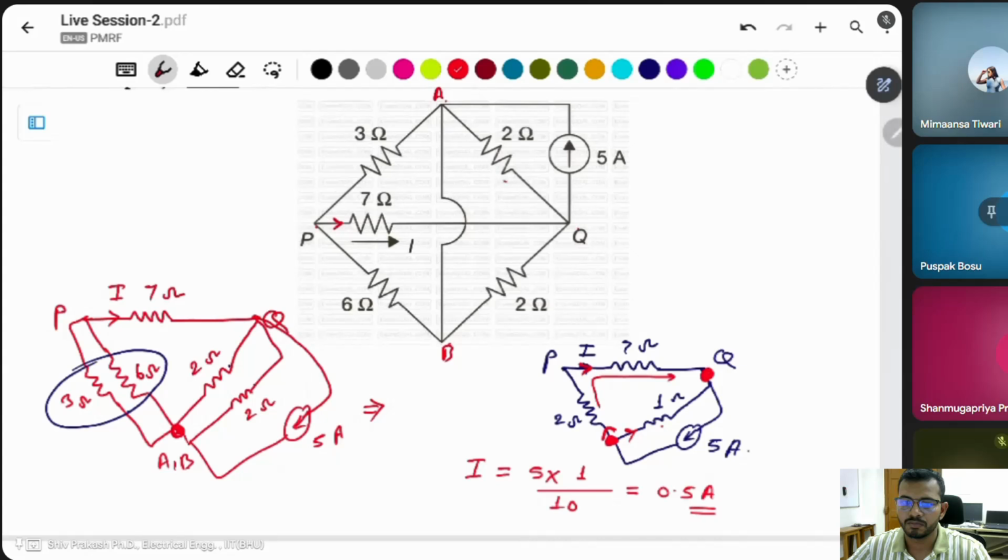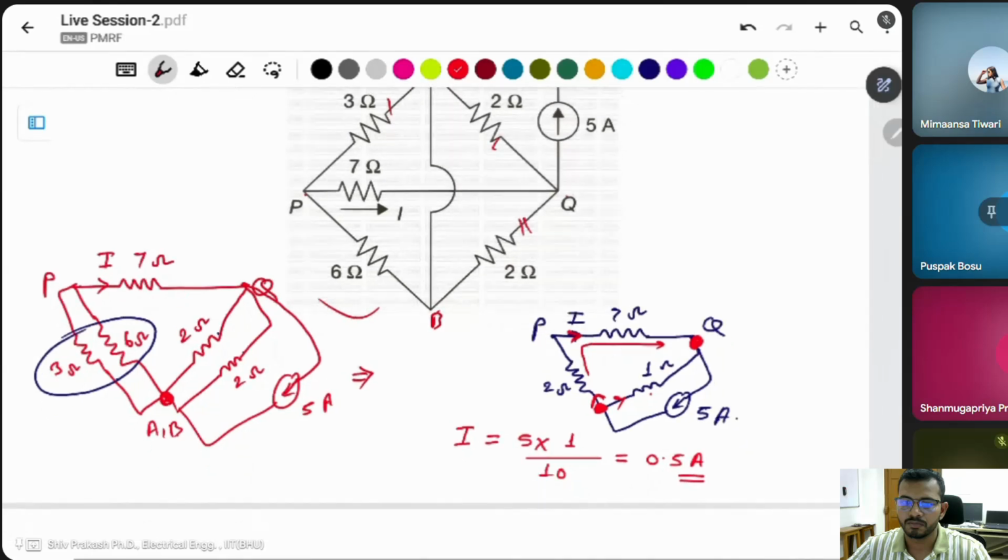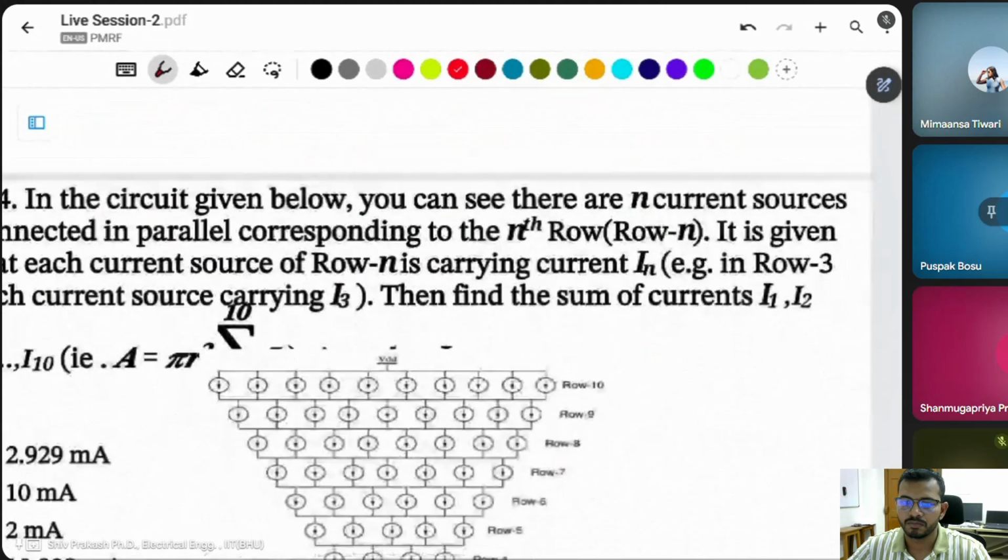Because these two are parallel to each other, the 6 and 3 give 2 ohm, this is the 1 ohm resistor, and the current source is across the 1 ohm resistor. You can find it like that.